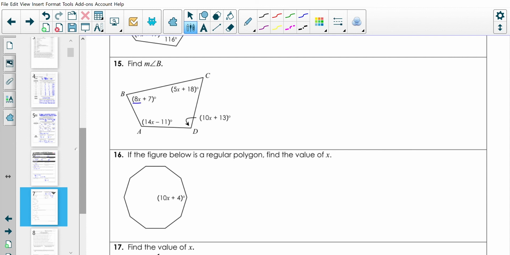So 8 plus 5 is 13, plus 14 is 27, plus 10 is 37, so 37x. 7 plus 18 is 25, minus 11 is 14, plus 13 is 27. So plus 27 equals 360. Solve it either way.